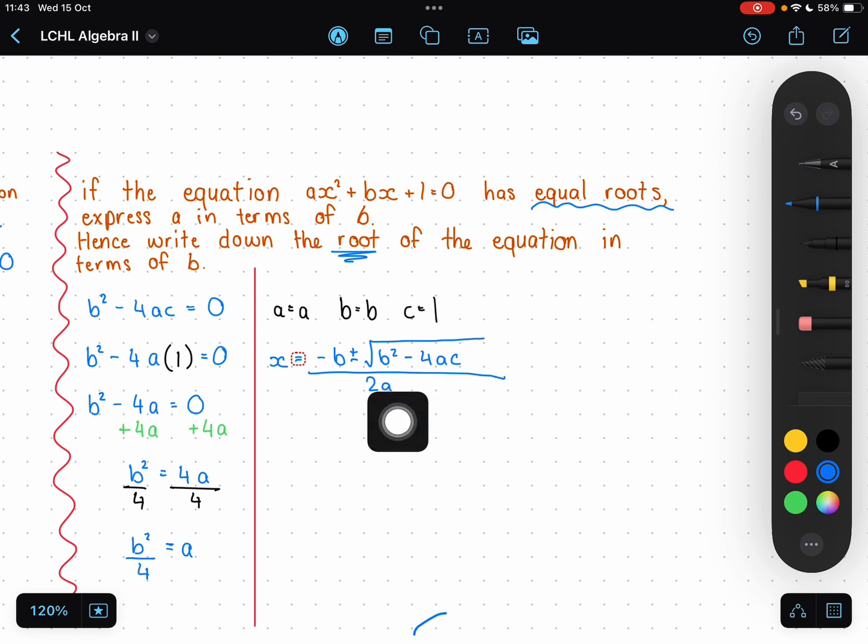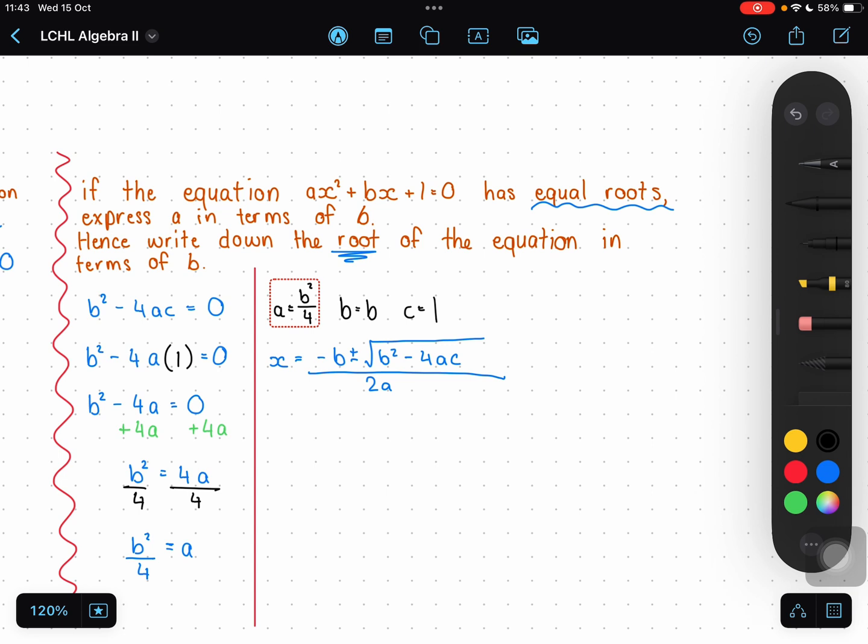But how can I get rid of the a's? I can't just leave the a's as a's, because the question doesn't want a in the answer. What if I can replace a with something in b? What if I use my answer from over here? Anywhere there was an a, I replace it with what it's equal to in terms of b, so b squared over 4.